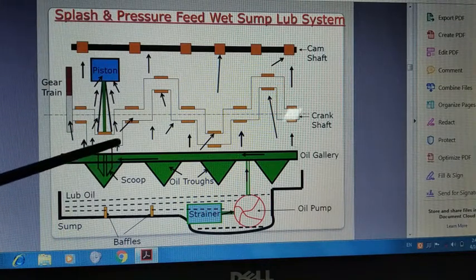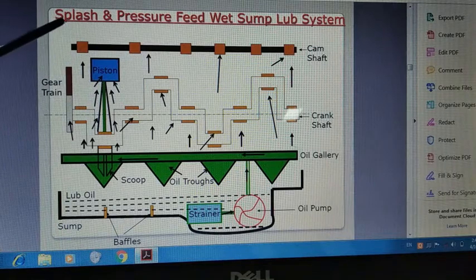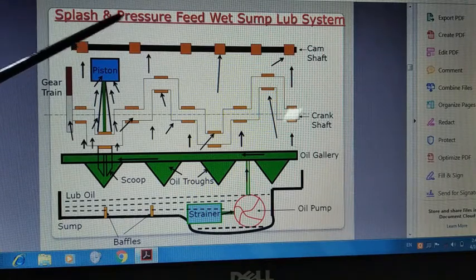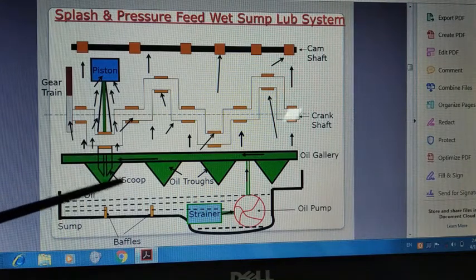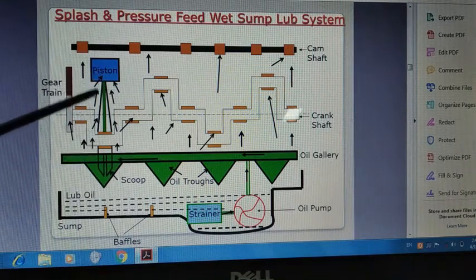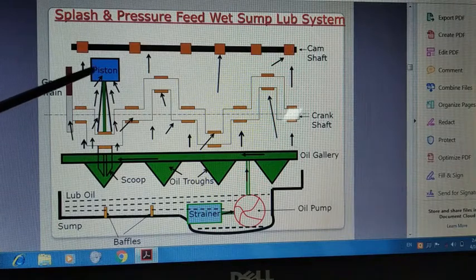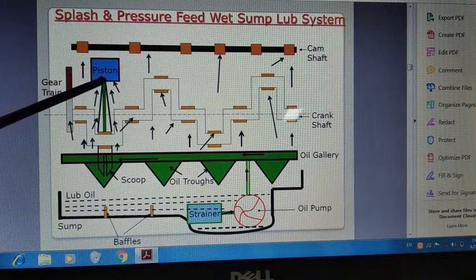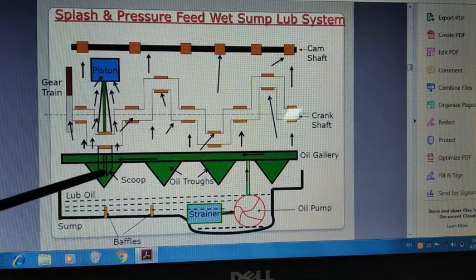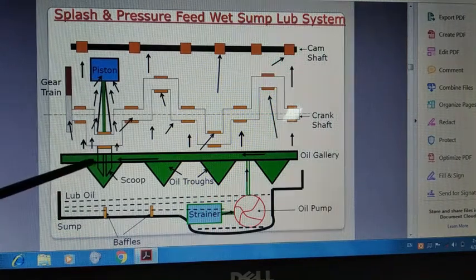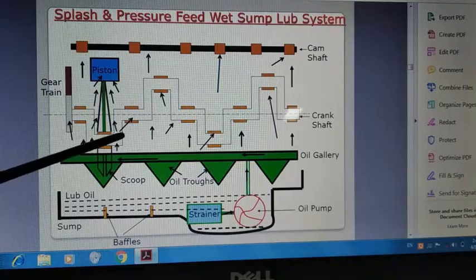So that's why it is called a splash system also. Splash and pressure feed system, there is splashing of oil also. There will be a number of scoops provided, and you can see this is the piston for a certain cylinder, and then this is the connecting rod, and it is splashing oil through the scoop. So oil will be splashed everywhere.